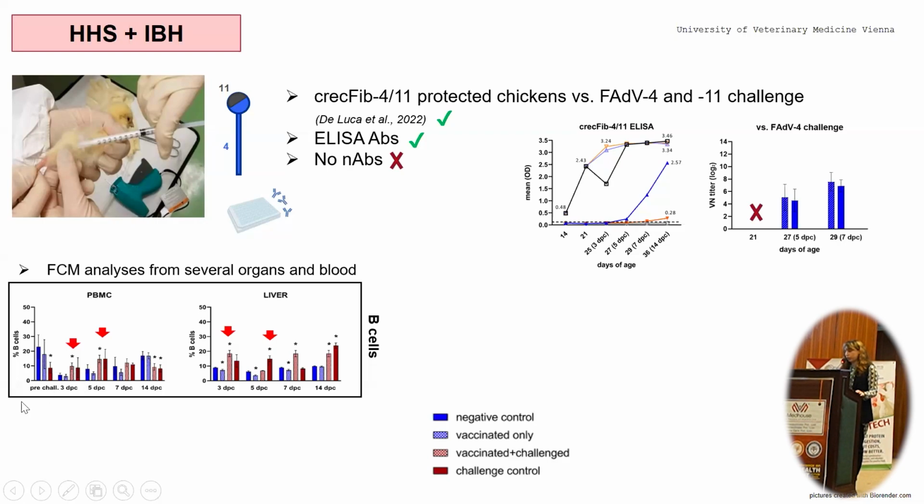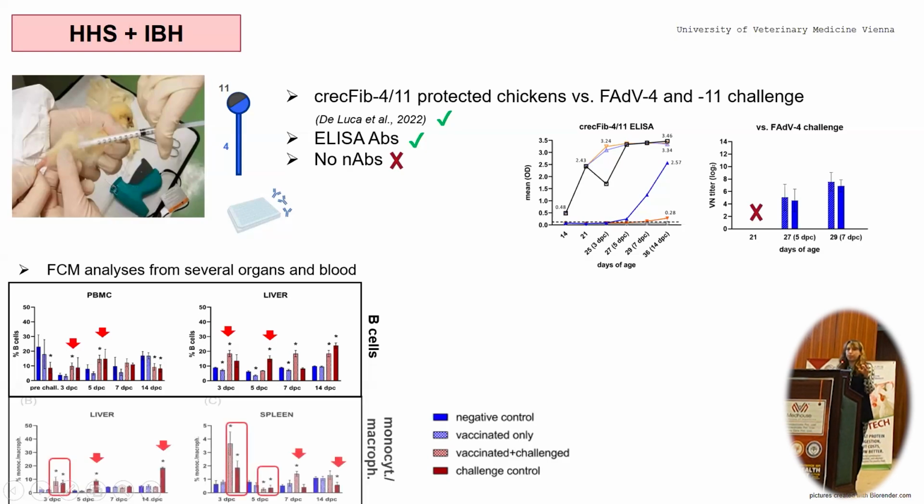You see, for example, in the blood, so the systemic response, 3 and 5 days post-challenge, there is a significant increase of the B cells in the vaccinated ones, but not in the challenge control. And in the liver, which is the major target organ as well, the vaccinated ones have a faster increase compared to the challenge control. So we see a certain priming effect of the vaccine.